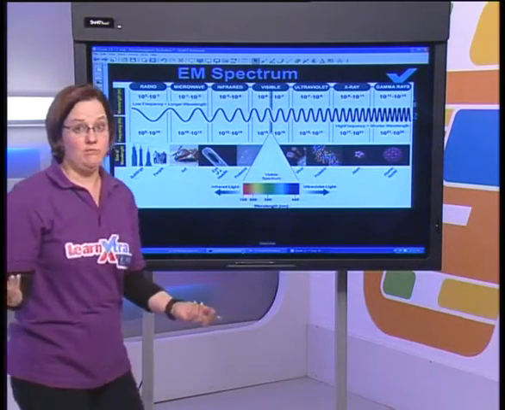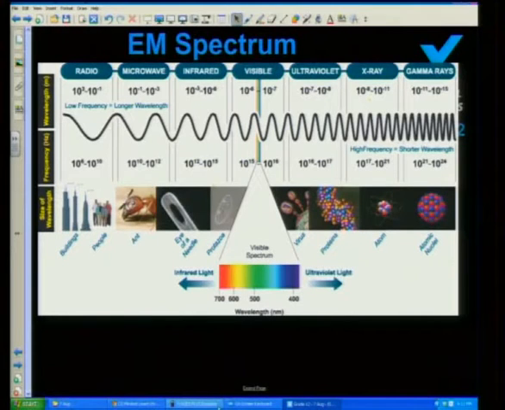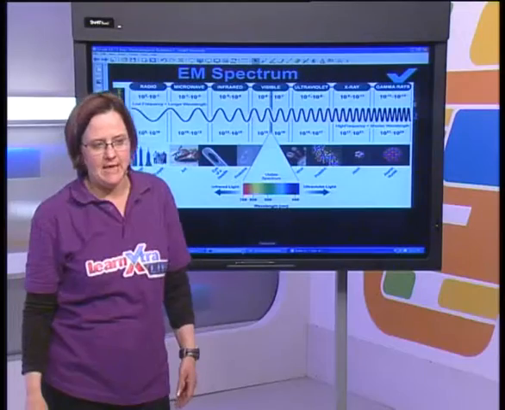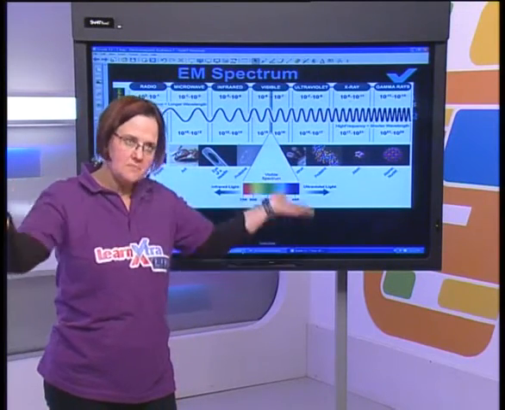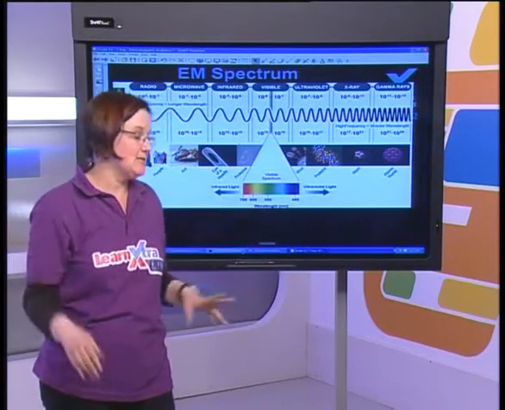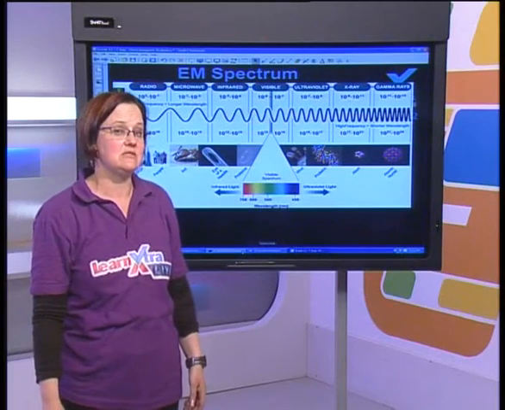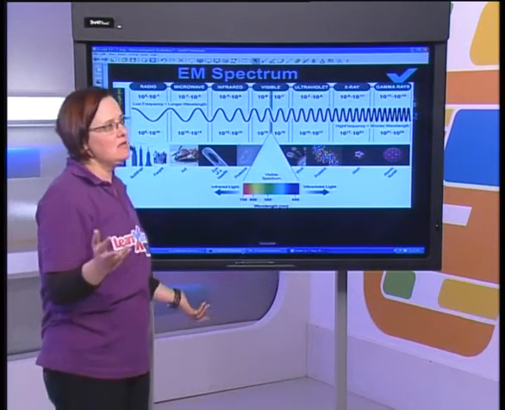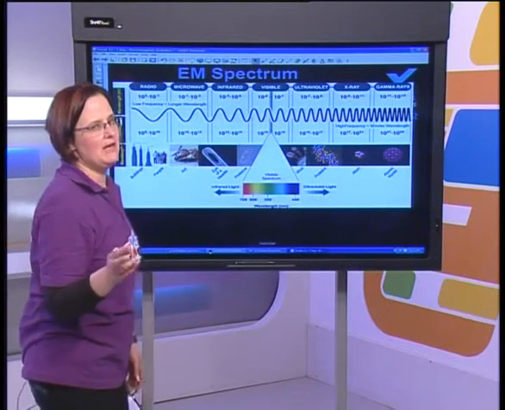The biggest use of radio waves is radio stations. Their wavelengths go up to 10 to the 3, which means they can be as large as a kilometer long. Which also means their frequencies are quite small, 10 to the 6 to 10 to the 10, so that's 10 megahertz to about 100 gigahertz.